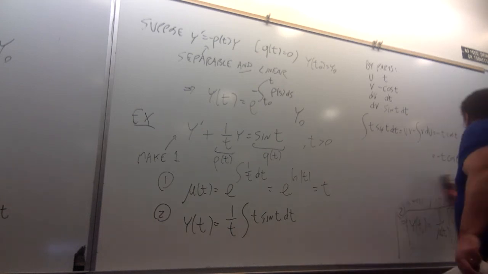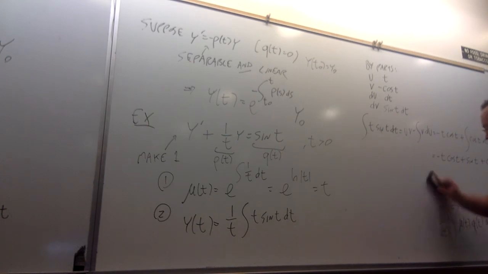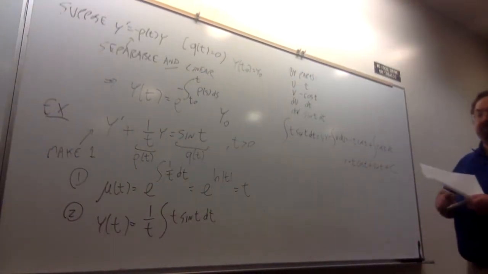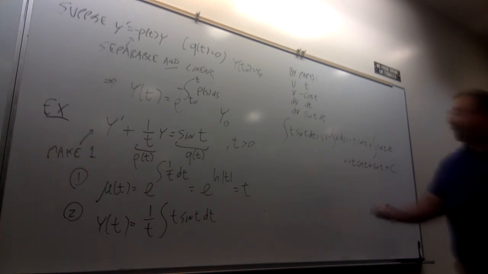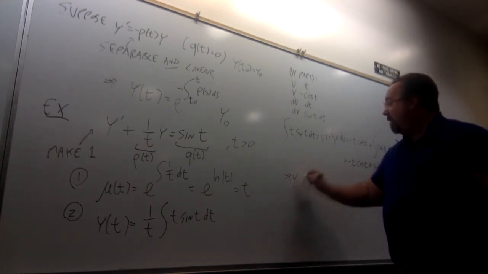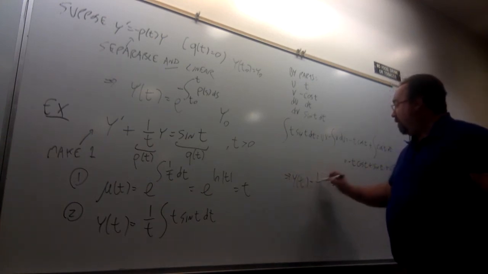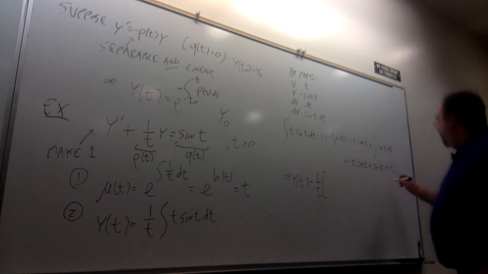So now we can work that back into the solution formula. Whoops, sorry to whoever's watching at home. Okay, so y of t is going to be 1 over t times all that.